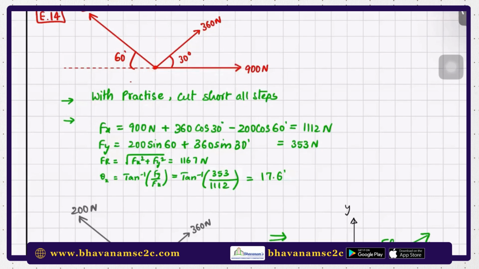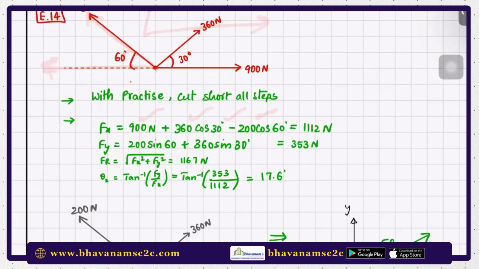So what I can do here, I am not even drawing the figure now. What am I writing? Fx is equal to 900 newtons plus this. Because of this vector, its x component will be 360 cos 30, simple. And because of this vector, the x component will be in the other direction, so it will be negative 200 cos 60.